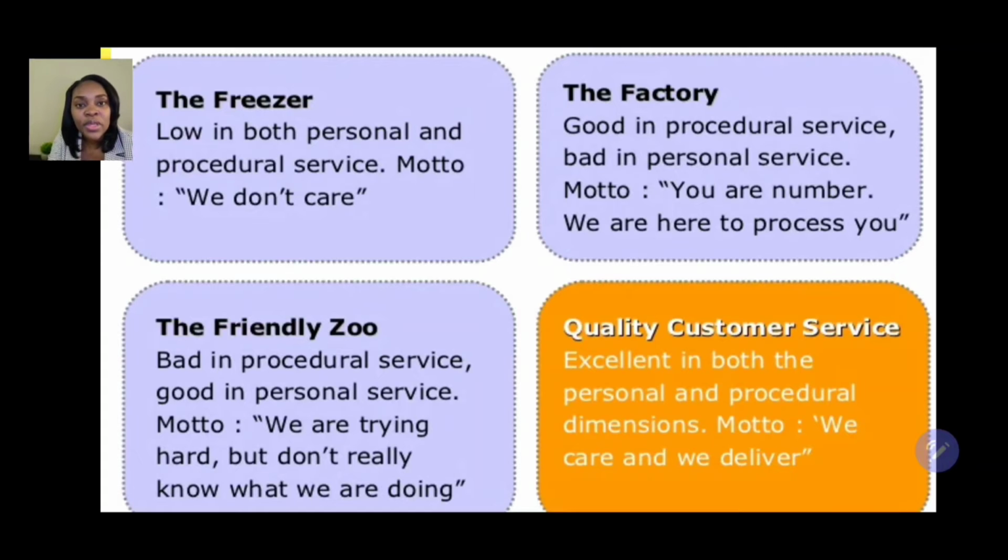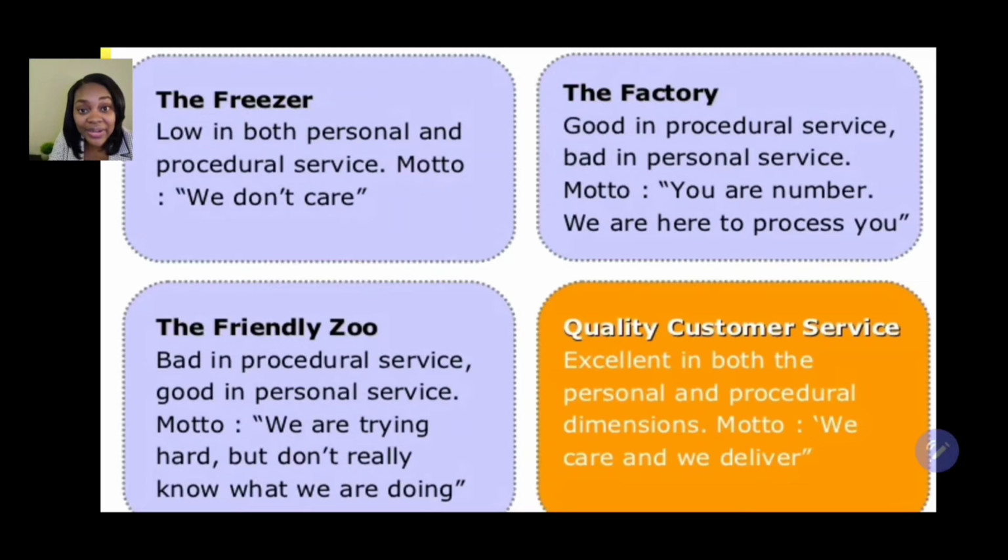Good. Now the freezer method is low in both personal and procedural service. Remember, we just looked at the 2 dimensions of service, the personal aspect and the procedural aspect. Now with the freezer method, the motto is we don't care.